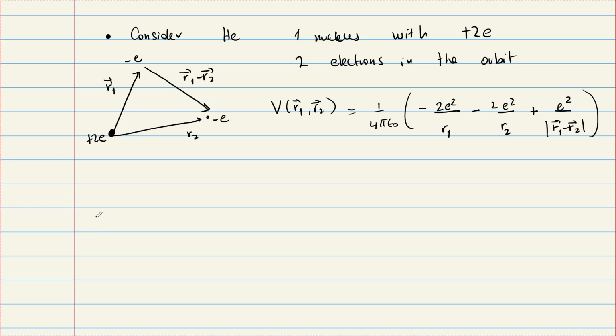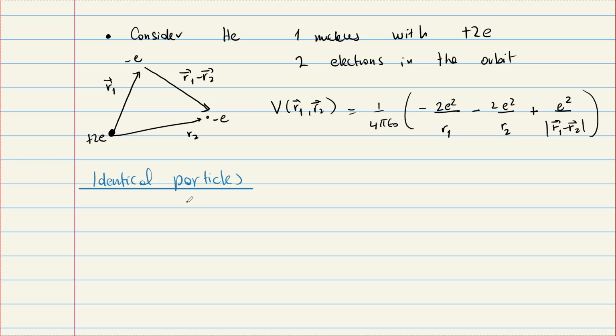So this is the playground. Now I want to introduce what we call identical particles. Classically, when we look at particles, a ball going this way or a ball going that way, we can distinguish them.